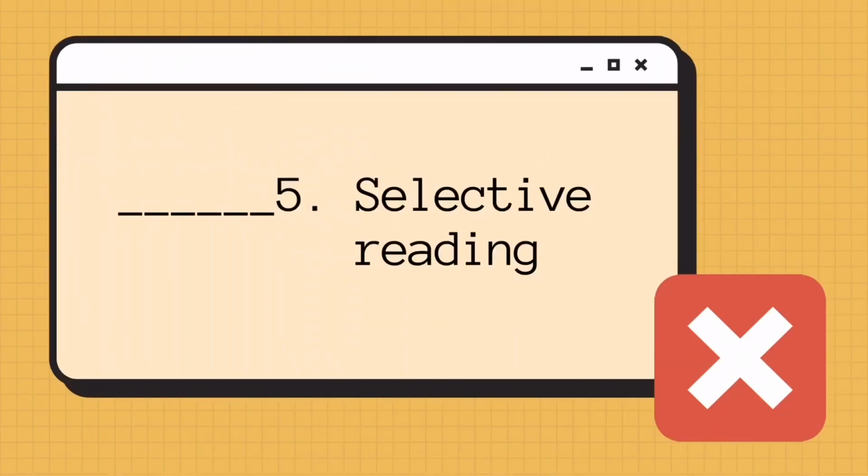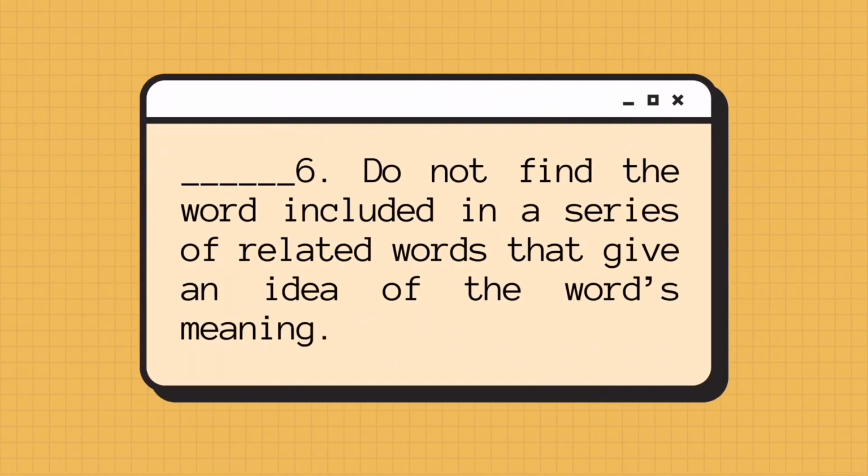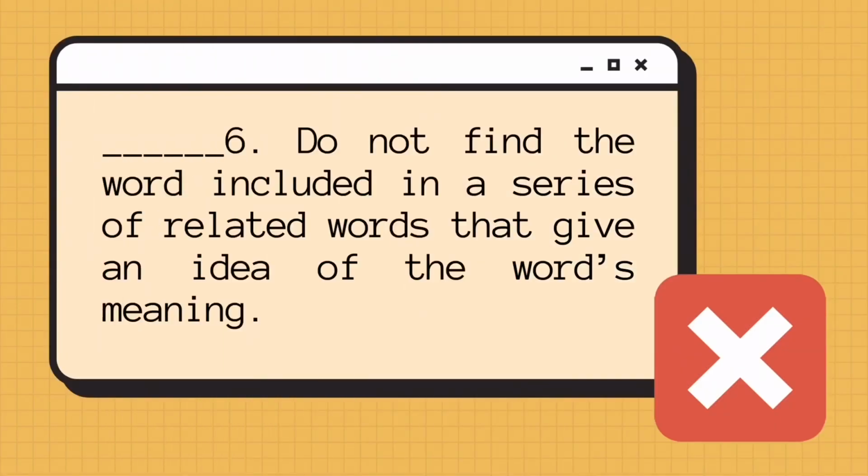The correct answer is a cross mark. Number 6. Do not find the word included in a series of related words that give an idea of the word's meaning. The correct answer is a cross mark.